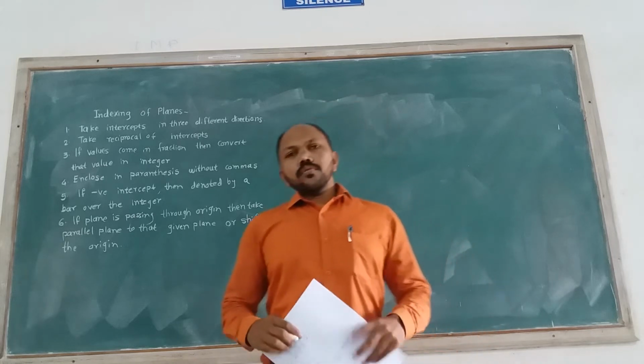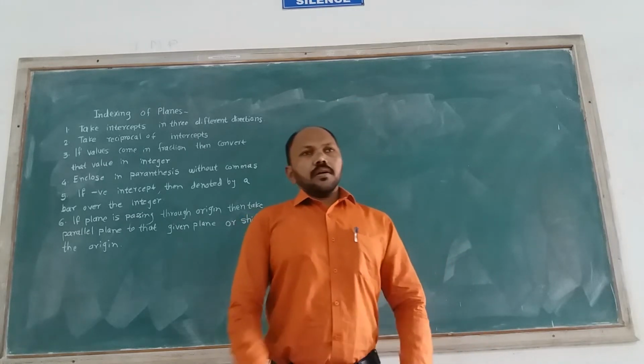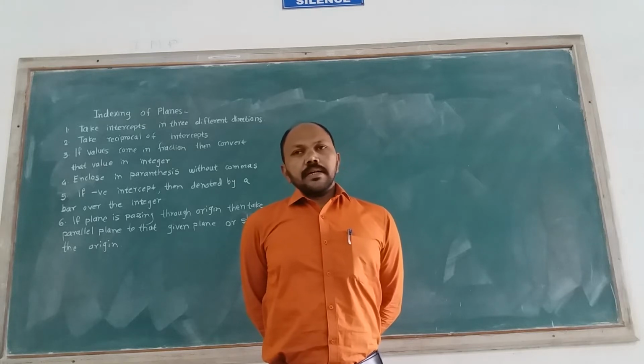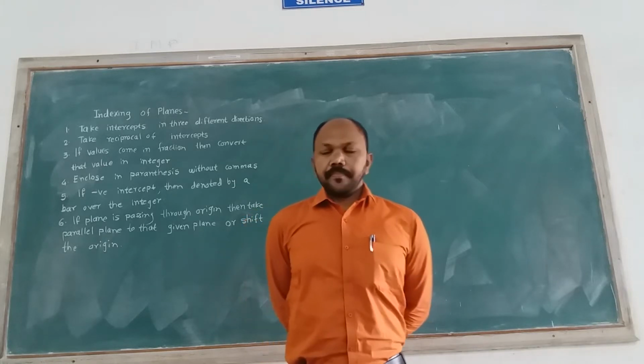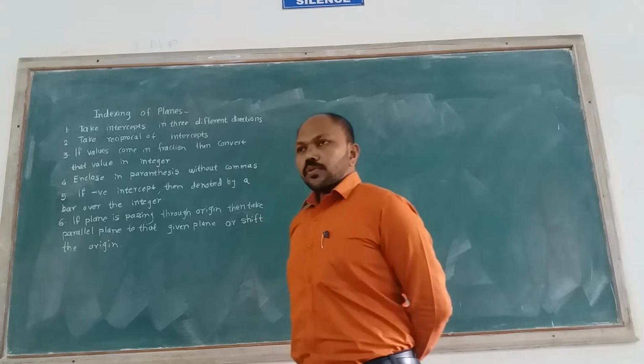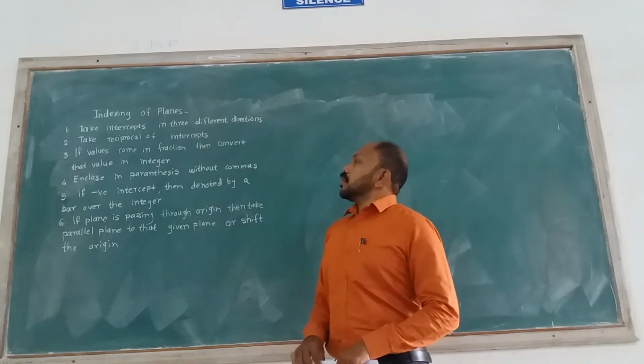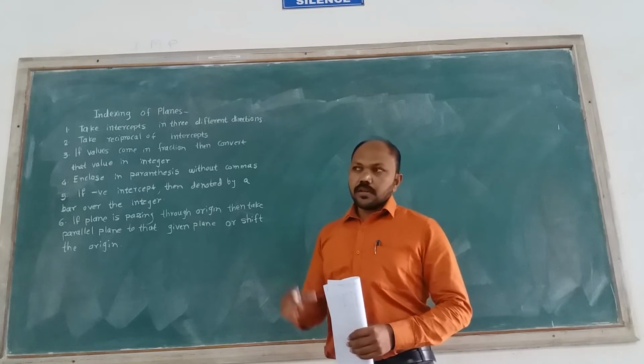Miller gives some rules for giving the intercepts of a plane. First rule: take intercepts in three different directions.